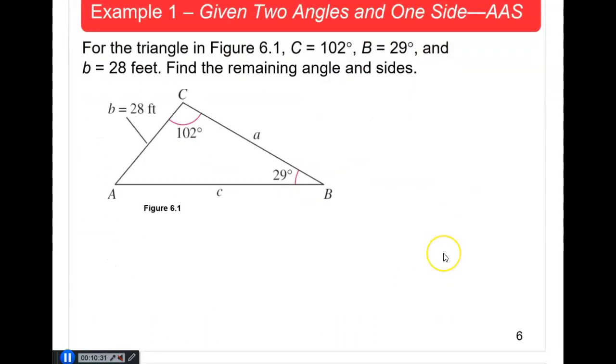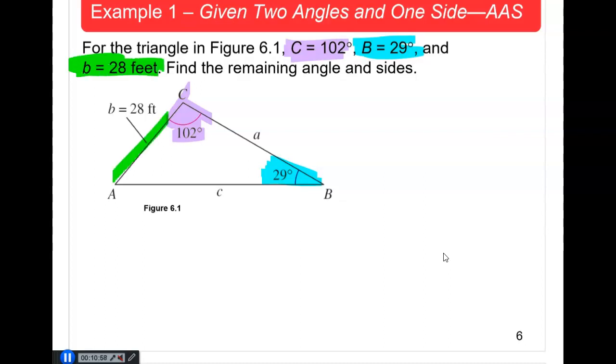So for example, we have a triangle. It is an acute triangle. We are given one of the angles, which is C, and it will be here, and it's 102. We have another angle, which is 29, and we have one of the sides, which is 28 feet.